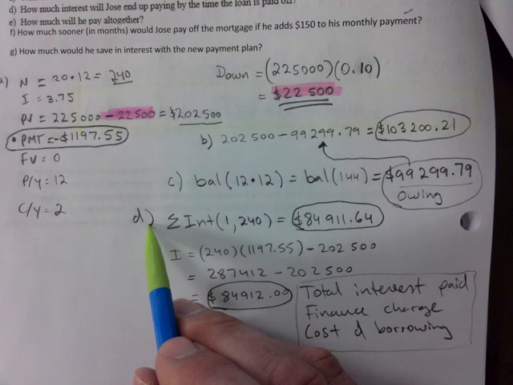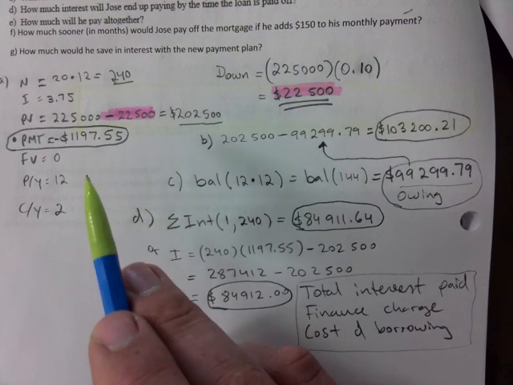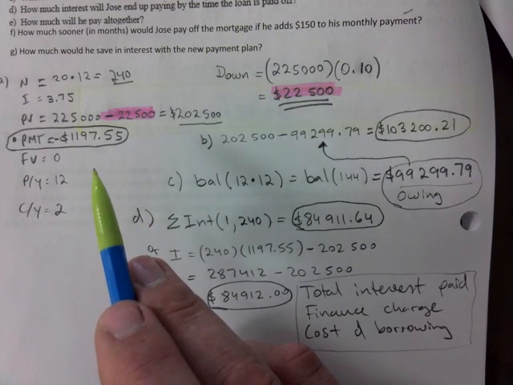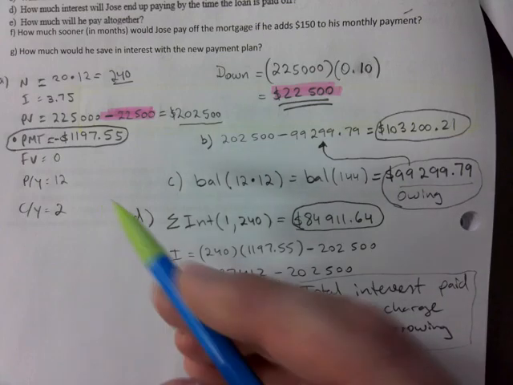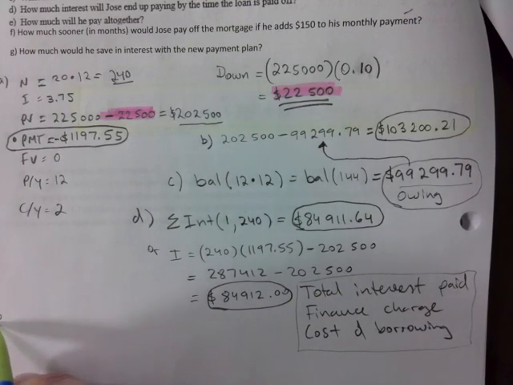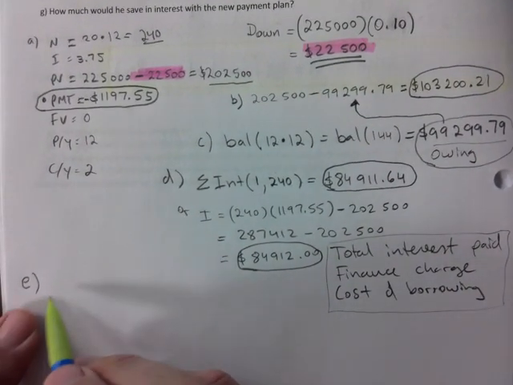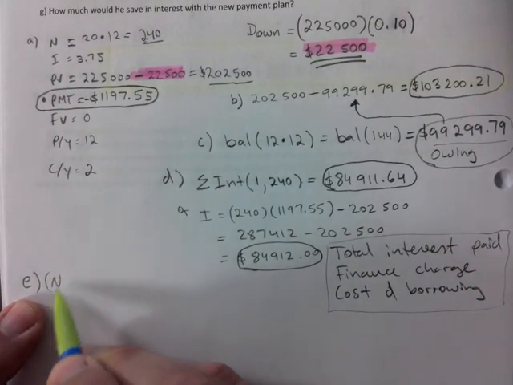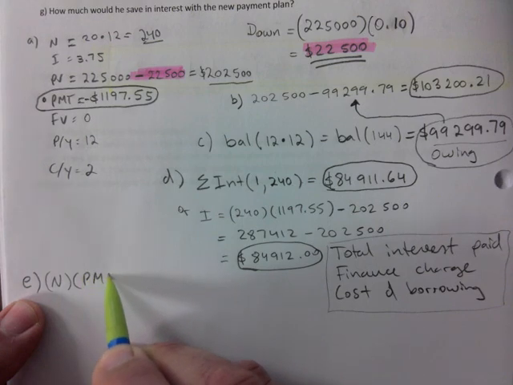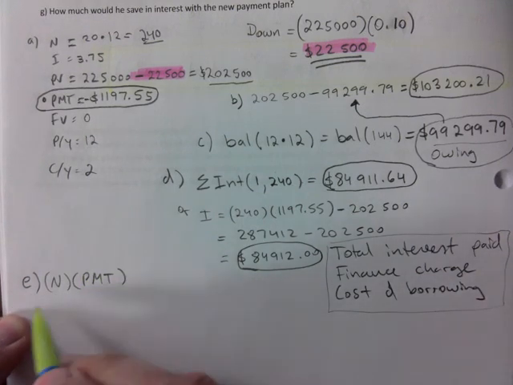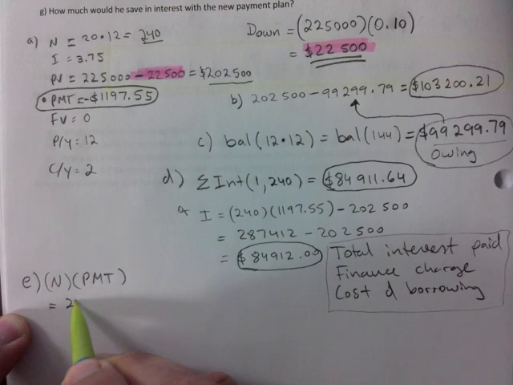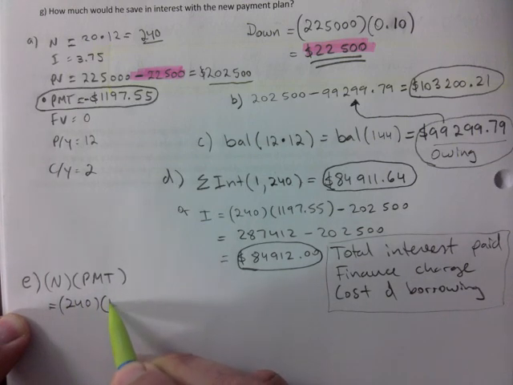So that's D. Next, how much will he pay altogether? Okay, so these questions are just to get you to see everything. So it's basically just N times payment. Okay, that's what you've paid altogether. So it's just 240 times 1197.55.